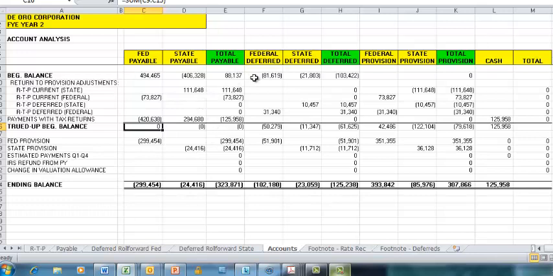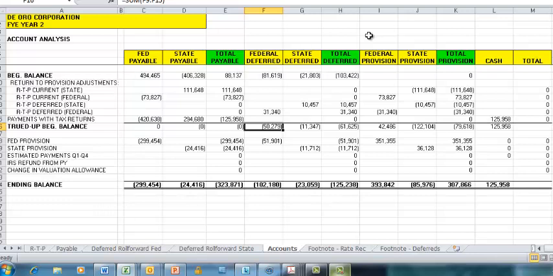And the same thing is true for the deferreds. I thought my balance at the beginning of the year was 81. I've done my true-ups, and I would expect that if I went back and did my deferred schedule again with all the right numbers, my deferred schedule would show 50 of credits. So before I even go on to year 2, I've fixed year 1. Okay?